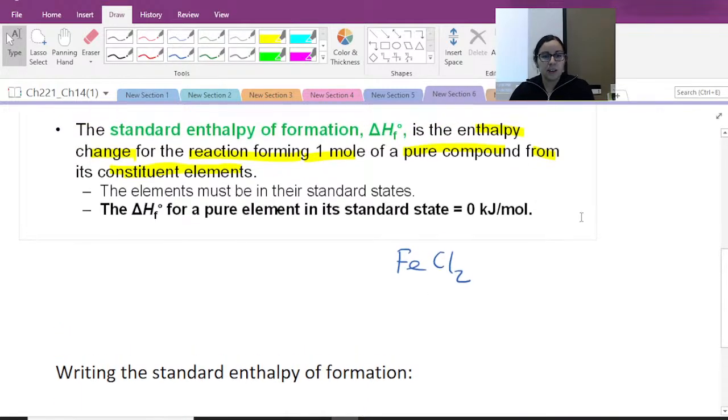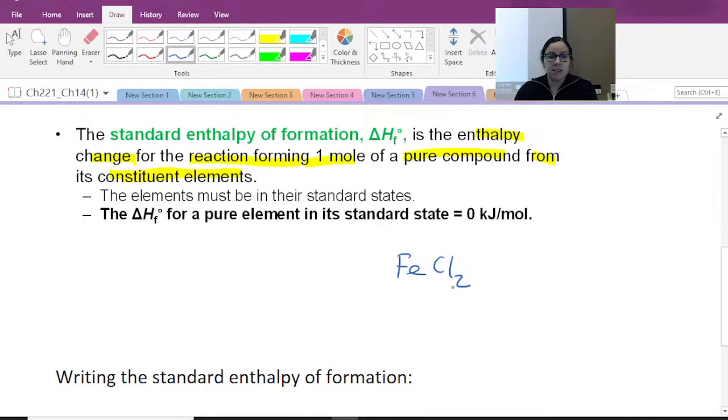We look at its constituent elements, what elements it's made out of. So it's made out of iron and chlorine. What happens if you take iron, and of course it would have to be in its solid state because it's a solid at room temperature, plus our chlorine, which should be a gas, and then what is that? That is literally what you're really calculating.